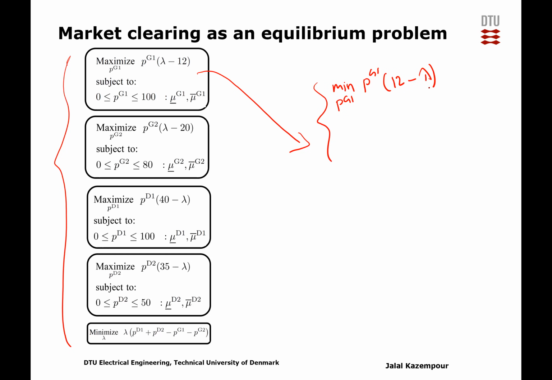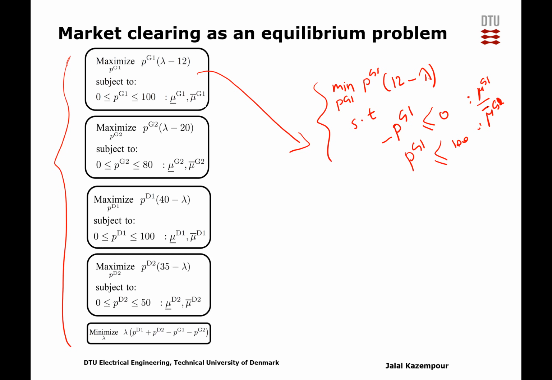I multiplied by a minus and changed maximization to minimization, subject to minus PG1 lower than or equal to 0, with dual variable mu underline G1, and PG1 lower than or equal to 100, with dual variable mu bar G1. Okay, is it in standard form right now?